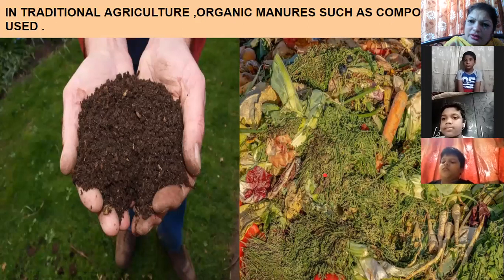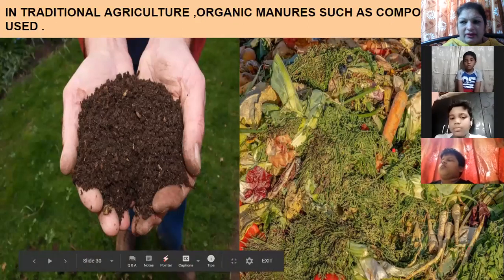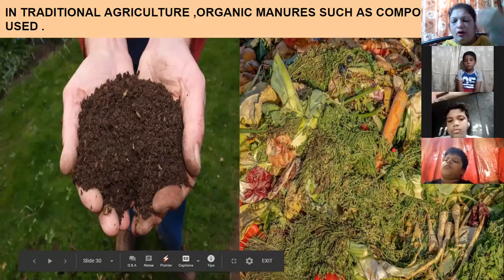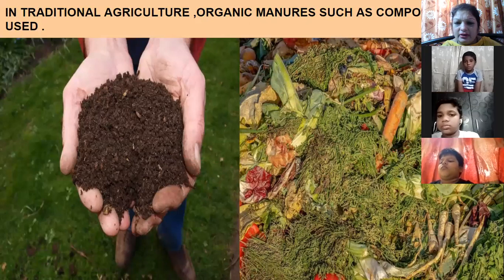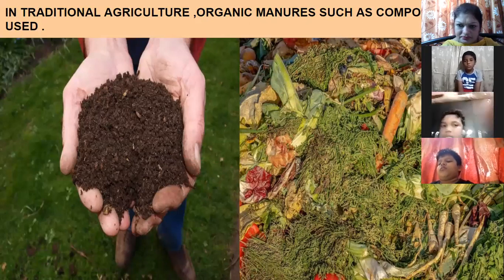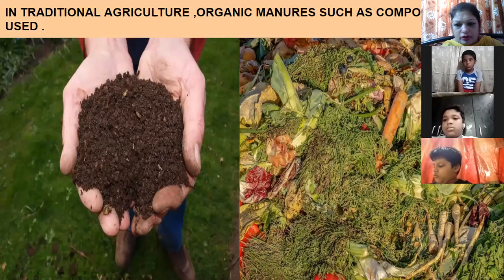They mix all this waste with the soil, and later on even the flowers, when you are offering them to God. Now this is the Ganesh festival, and in this festival you offer flowers to God. Then what you are supposed to do, don't throw them, collect them. It is actually a good manure for the soil.